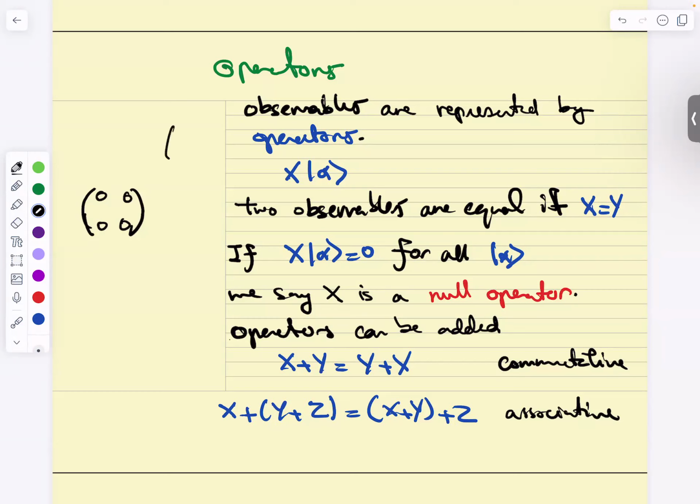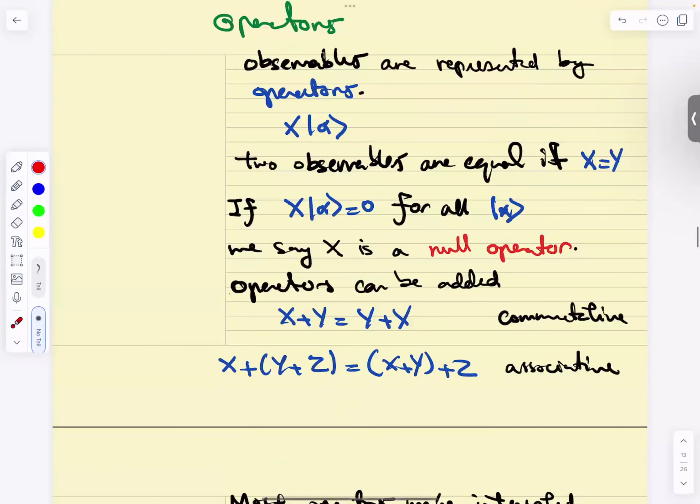So the same way that I define null kets, here I'm defining null operators. You'll see the point of this. At this moment it seems like a stupid definition, but it will be useful in the case of degeneracies and some setups that we're going to be interested in quantum mechanics.